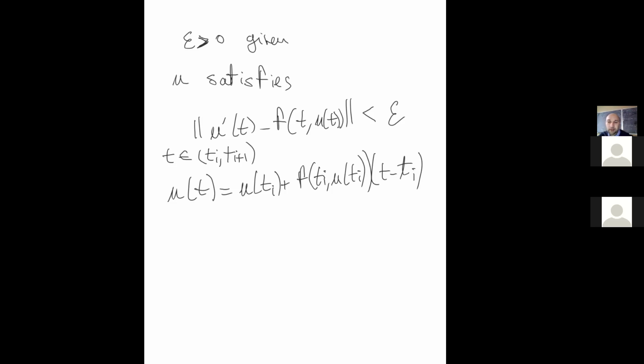You can speak in French if you want. Go ahead. Ok. u prime of t is approximated by the quotient u(t) minus u(t_i) over t minus t_i, which will give this equality.